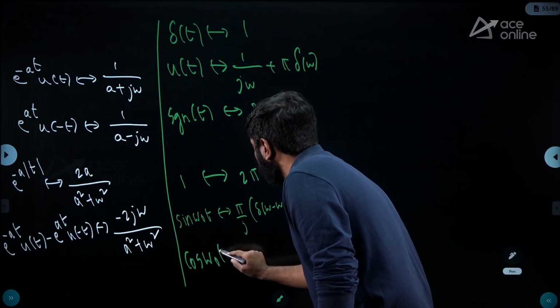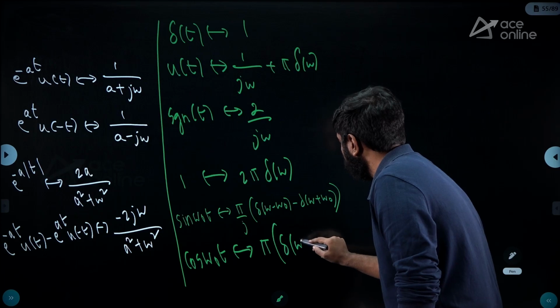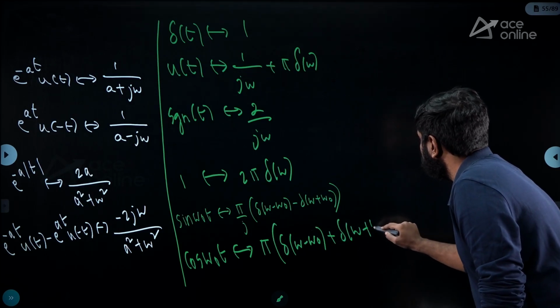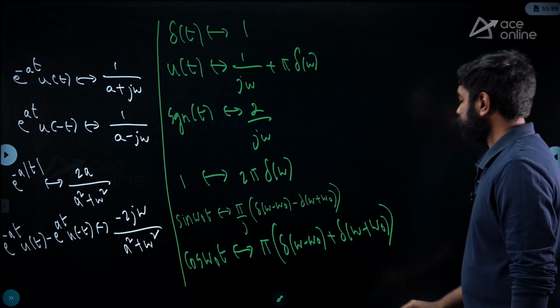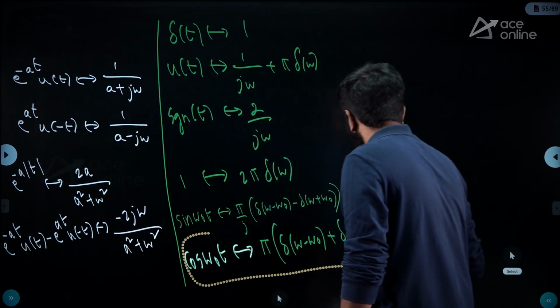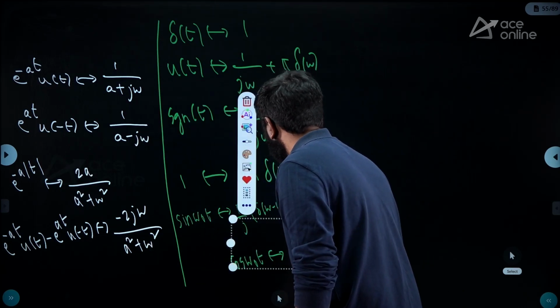Cos omega naught t Fourier transform is pi times delta of omega minus omega naught plus delta of omega plus omega naught. There are a few more. I will help you with those.